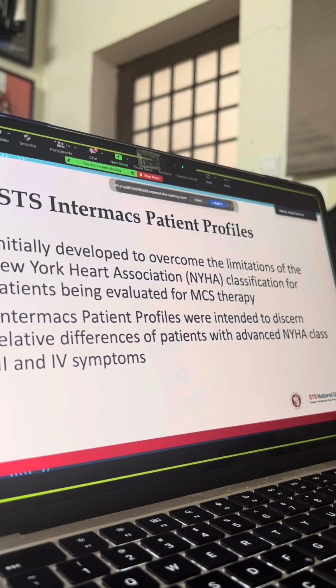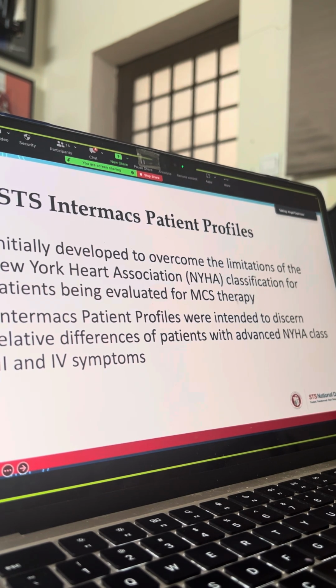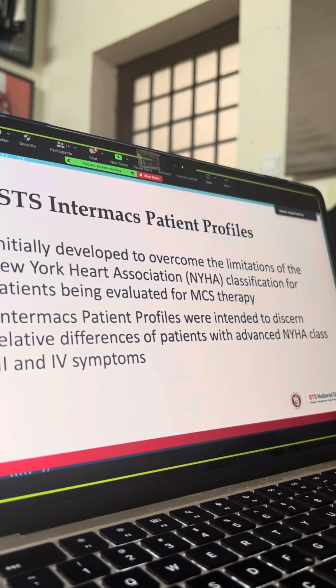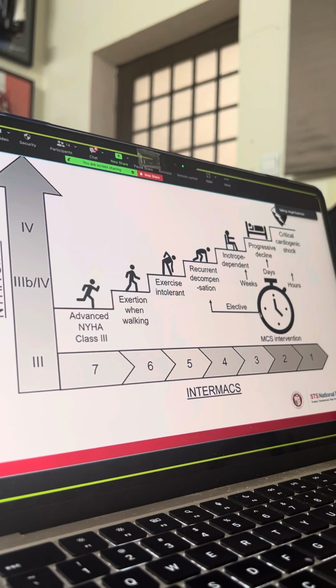These profiles were intended to discern relative differences in patients with advanced New York Heart Association class 3 and 4. If you look at this staircase, going from NYHA class 3 to 4, we can make an analogy with the INTERMACS going from 7 to 1.